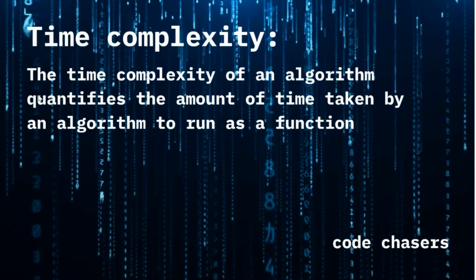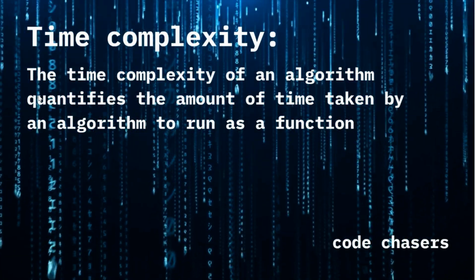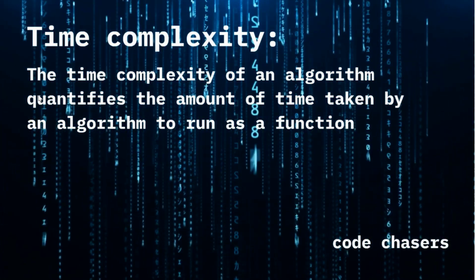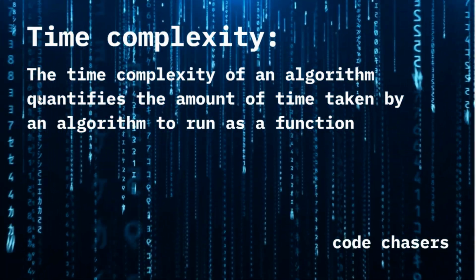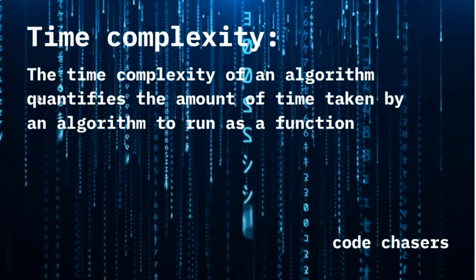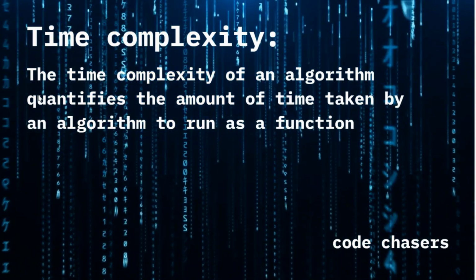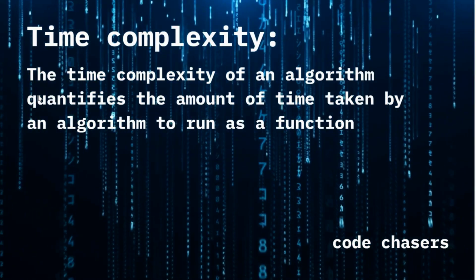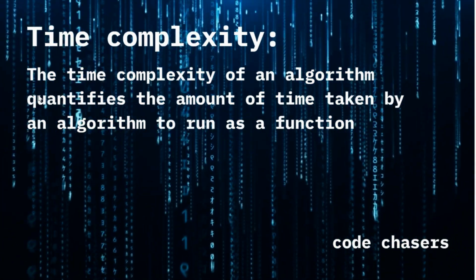The important point that I want to tell you here is time complexity. The time complexity of an algorithm quantifies the amount of time taken by an algorithm to run as a function of its input. In coding languages, every person has their own style of coding. Each and every problem will have one or more solutions, one or more approaches.